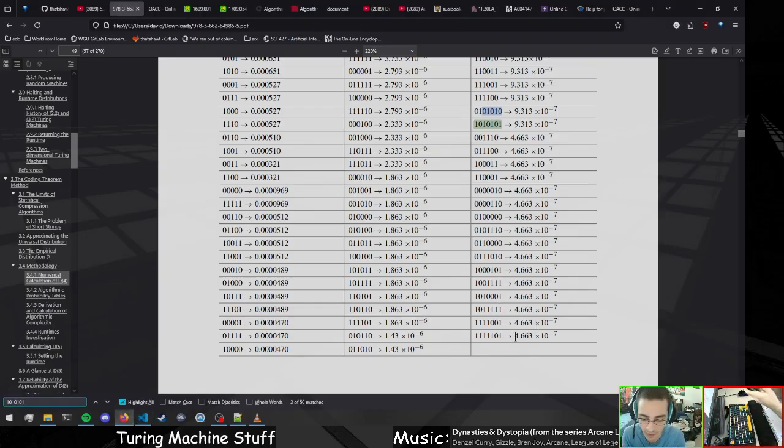So let's just multiply 4.663 times 2, which we did get to be approximately the same as this. So I think we got the frequency of these relatively correct. These two should do that.